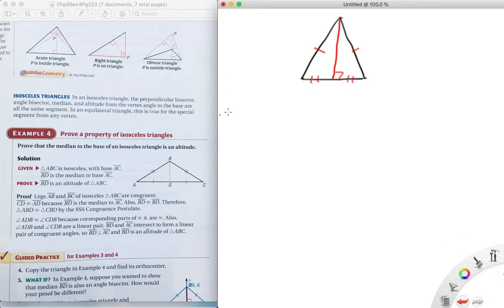So, isosceles, and this would be from the vertex. Remember, these are the base angles here, so this doesn't apply to the base angles. And then this is the vertex.